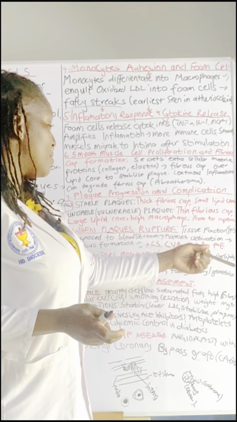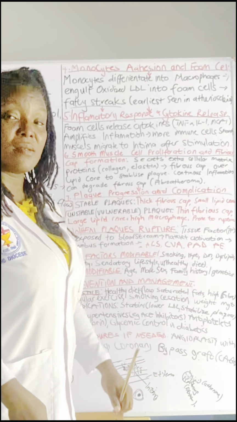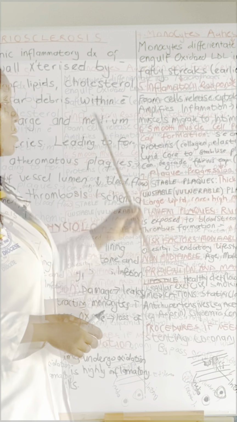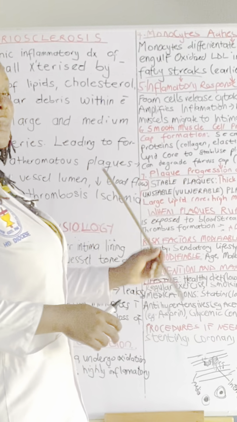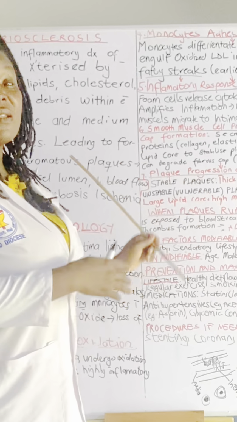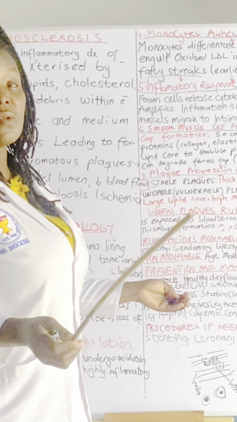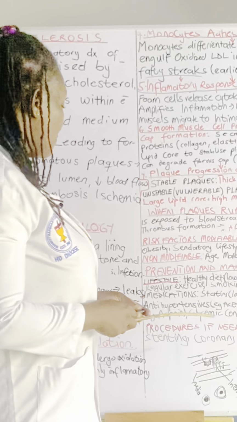Now if it gets to your peripheral arteries, then you're going to have peripheral artery disease, that is to your legs. Then if it gets to your pulmonary system, you're going to have a pulmonary embolism. Okay, so we do not want this to get here, and all this means that preventing the formation of this plaque will solve a lot of problems or go a great deal to help.